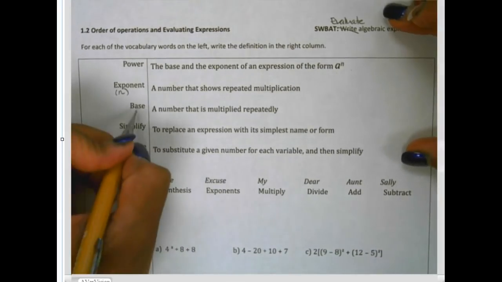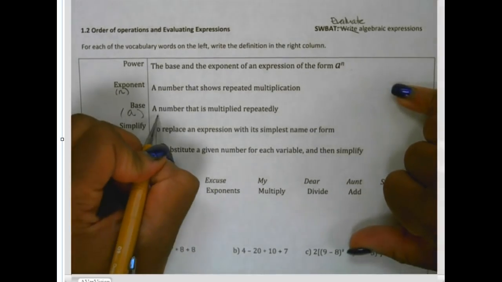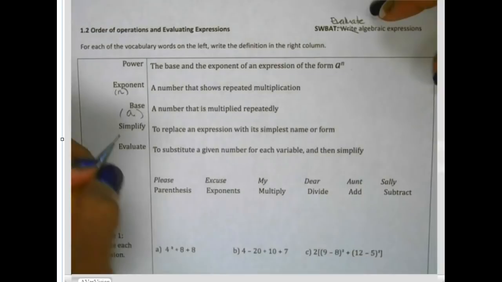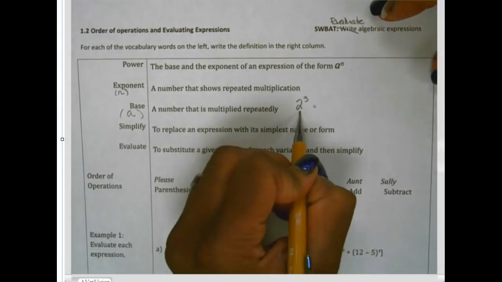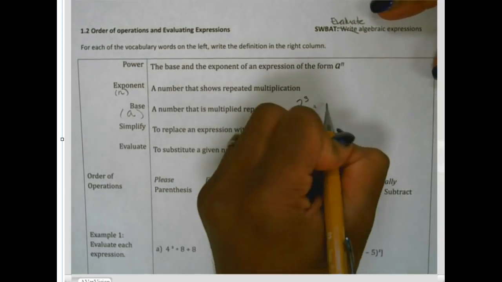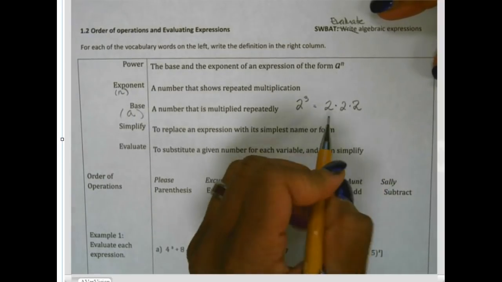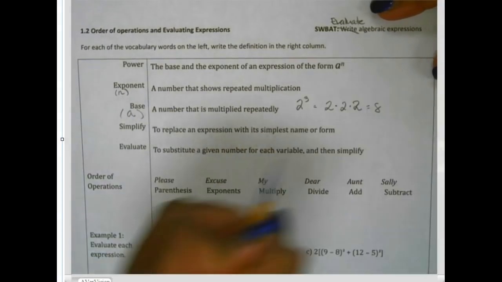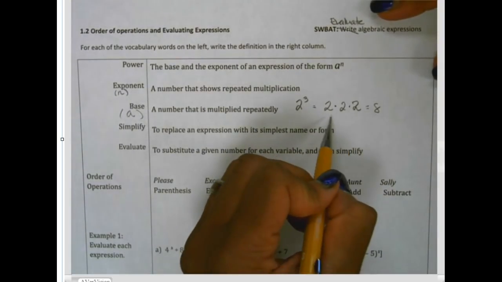The base is always the bigger number, so in this case it's the a, and that is the number that's going to be repeatedly multiplied. So if I had 2 to the third power, my base is 2, my exponent is 3, and so this means I'm going to multiply 2 by itself 3 times. So you would get 8. Simplify. You didn't have to write 8 here. I just did it because I needed the closure of multiplying these out.